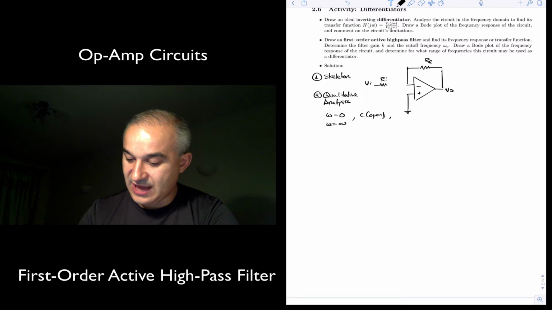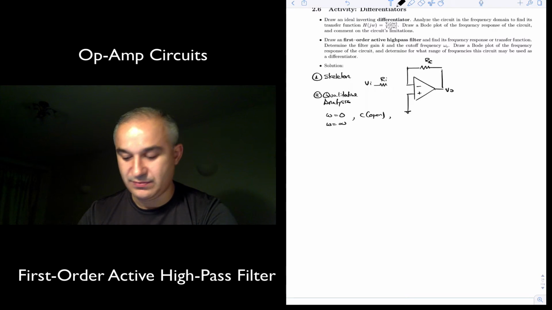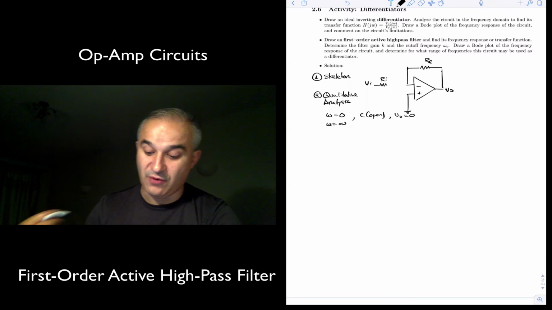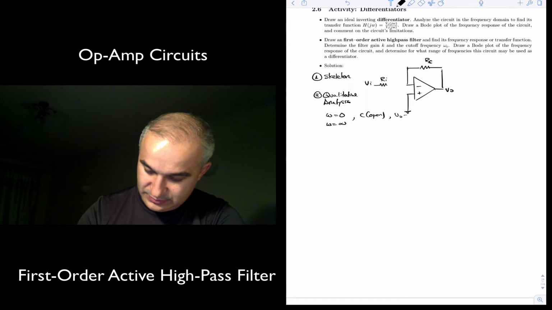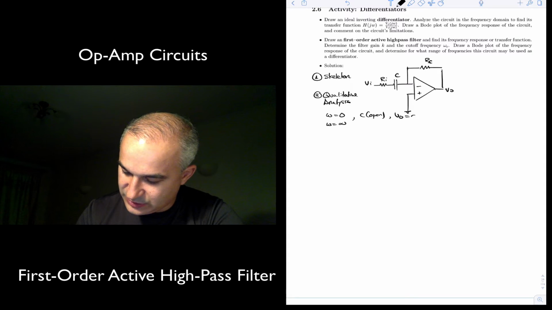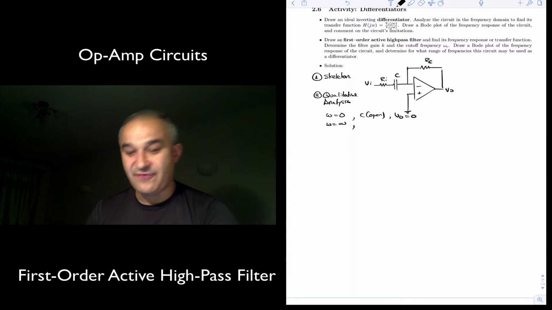Yes. The output is going to get adjusted so that the inverting input equals the non-inverting, which is 0, so the output is equal to 0 at low frequencies. Output equals 0.